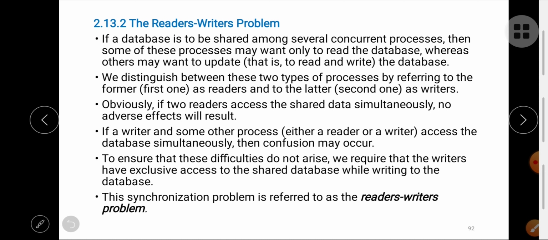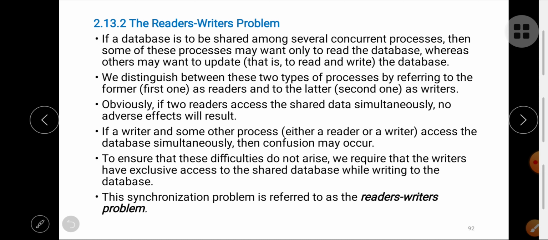But if a writer and some other process, either a reader or a writer, access the database simultaneously, then confusion may occur: whether the access should be given to the writer or to the reader.